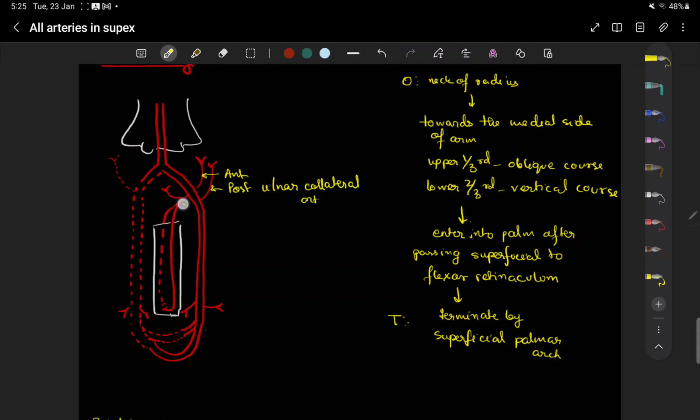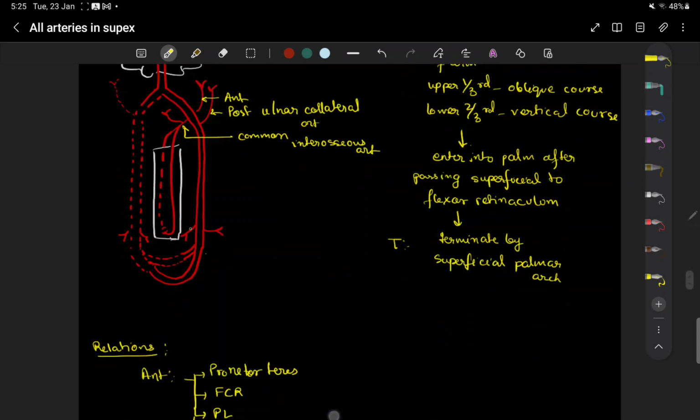Next we would also have the common interosseous artery, and we would have the anterior and posterior palmar carpal branch, which actually ends up forming the anterior and posterior carpal arches together with the radial artery.